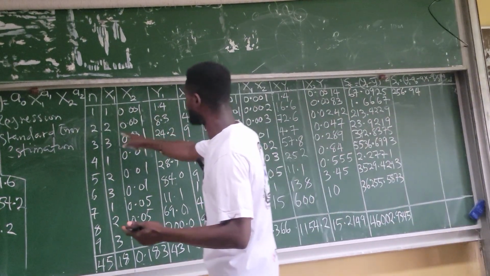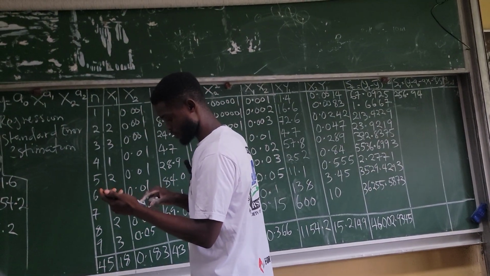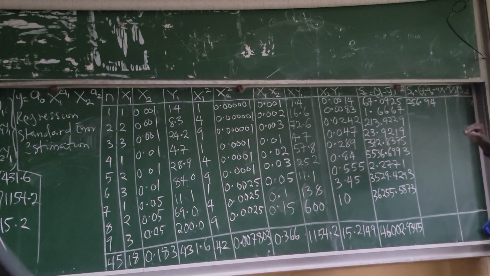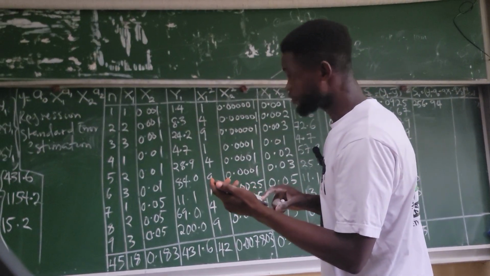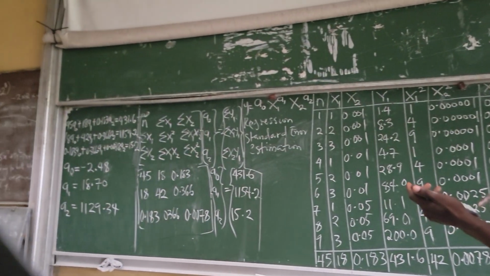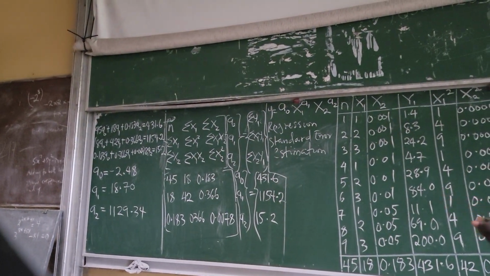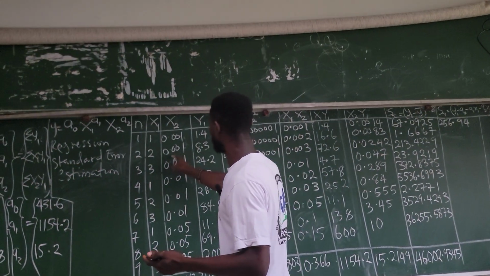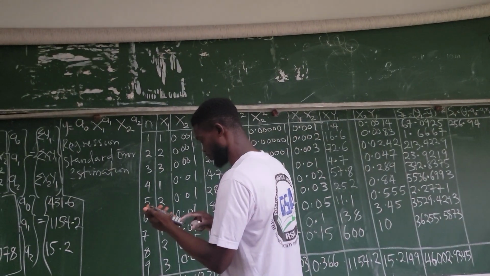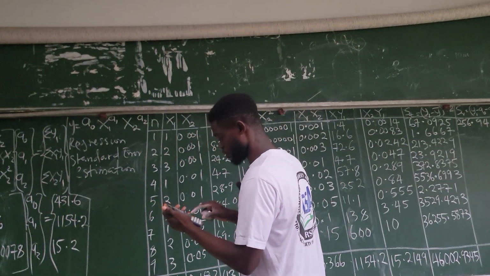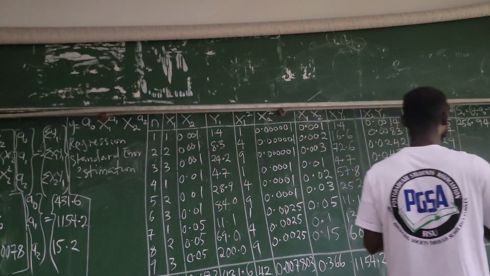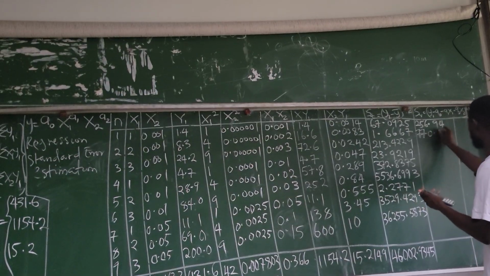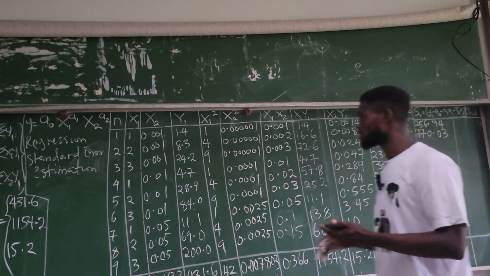Our x1 for that column is what? 2 times 2 minus A2 is what? Is 1129.34 times our x2 on that column. Our x2 on that column is 0.001 is equal to, so you square it, you have 0.03.